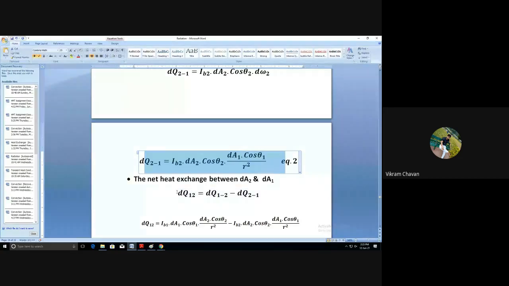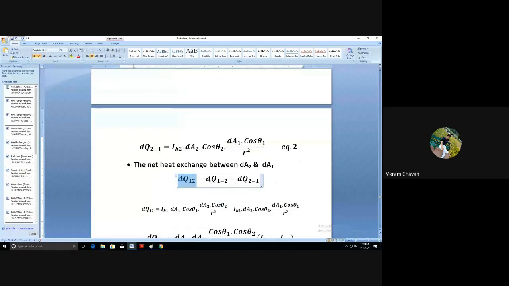So we have provided the nomenclature for the net exchange of heat between dA2 and dA1 as dq12. There is no dash between the 1 and 2, so this is the nomenclature for net exchange between dA2 and dA1. In that case we have to subtract these two quantities, that is dq1 to 2 minus dq2 to 1.